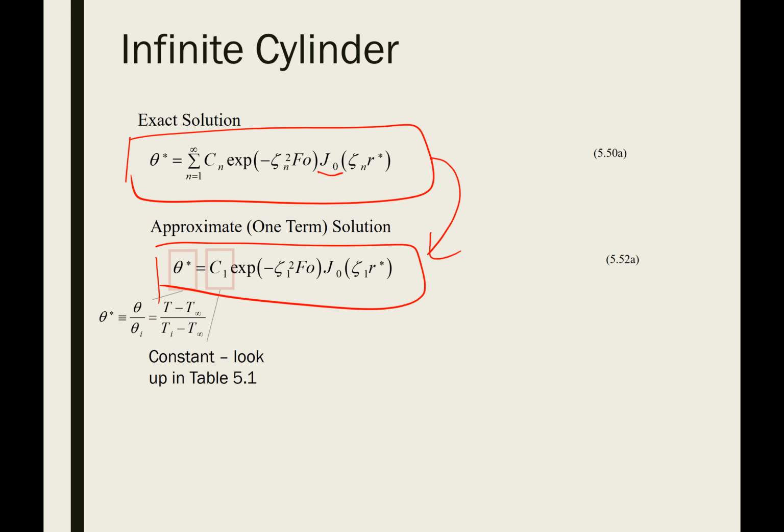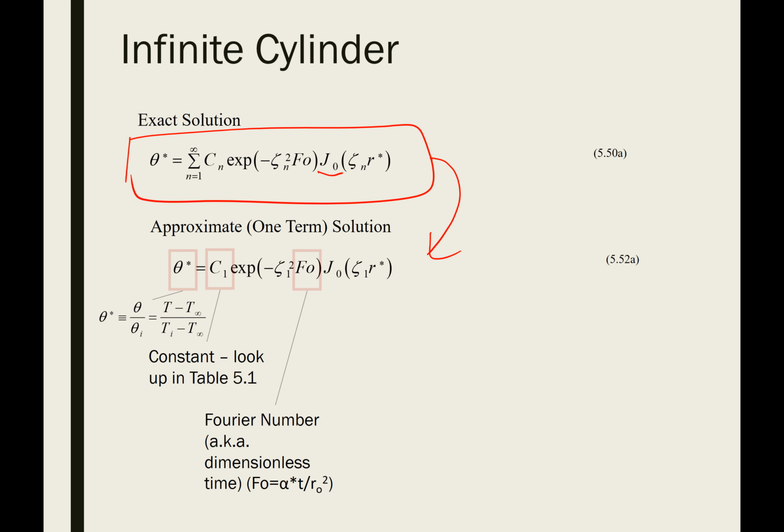So breaking down each of these terms, remember our theta star is just that reduced relative temperature. That constant C1, you can look up in the table that we showed previously. We have the Fourier number, which is defined as alpha times time over our radius squared. This J naught is a Bessel function of the first kind.